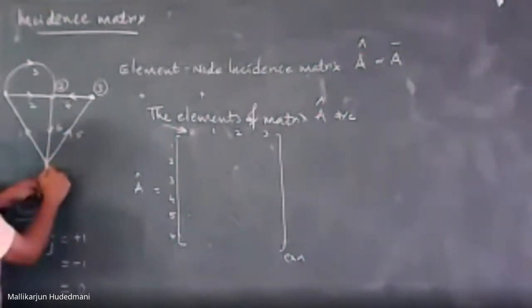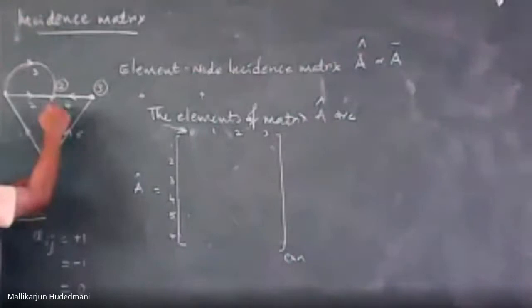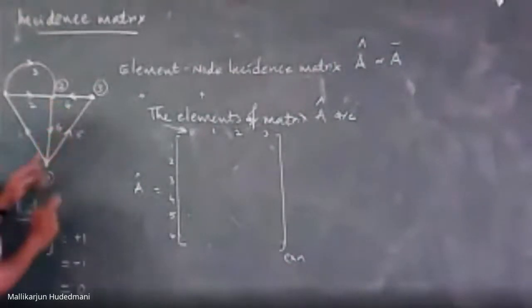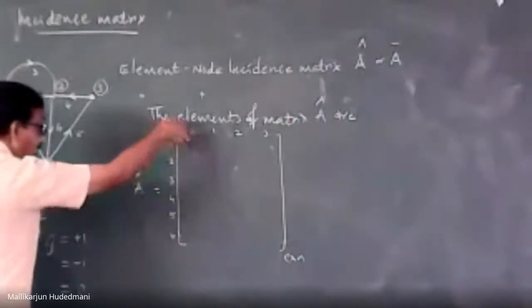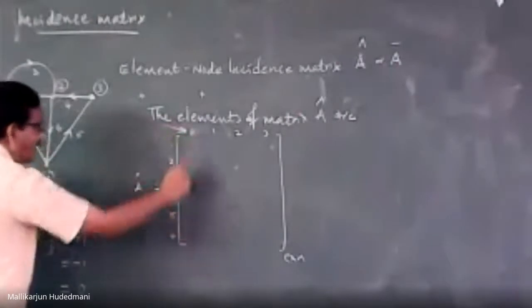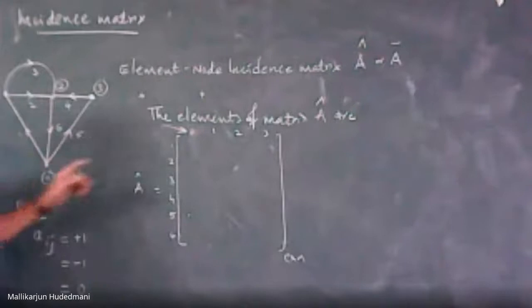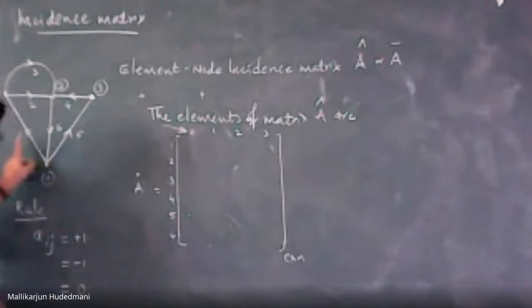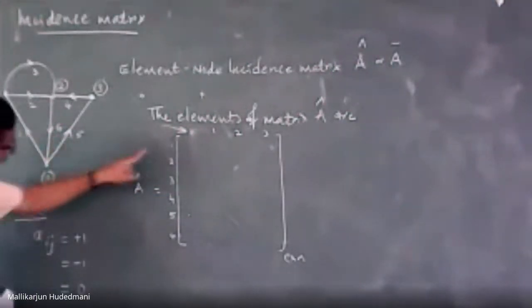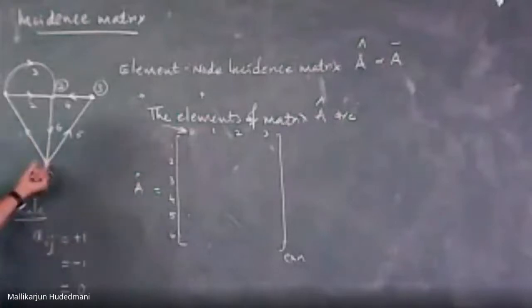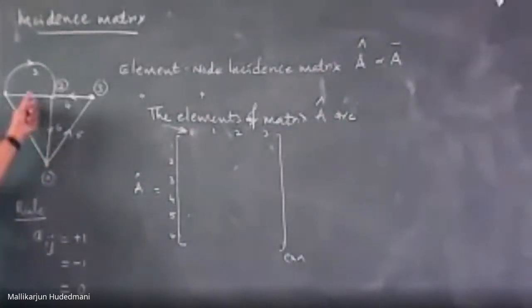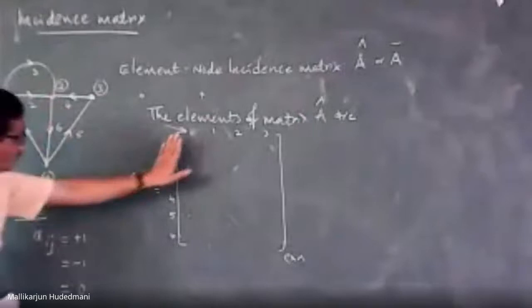How about 6? No doubt it is coming towards it, but it is incident. How many elements in this column are connected to bus number 0, I have to think. For that, think: 1, 5, 6 are physically incident. The remaining 2, 3, 4 are not incident.